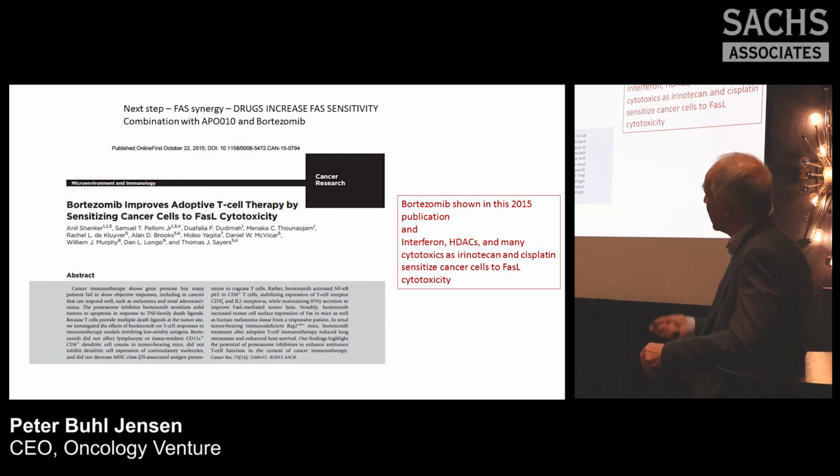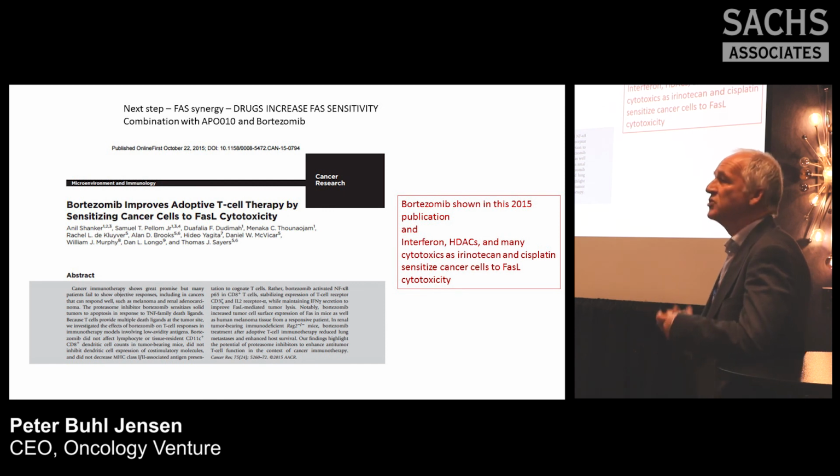I saw the other day they increase the cancer cells' sensitivity to Fas ligand cytotoxicity. So we believe that we're in an interesting situation with a product that by itself is highly targeted, going for the Fas receptor, but is also able to elicit immune responses, turning cold tumors into immunogenic tumors.